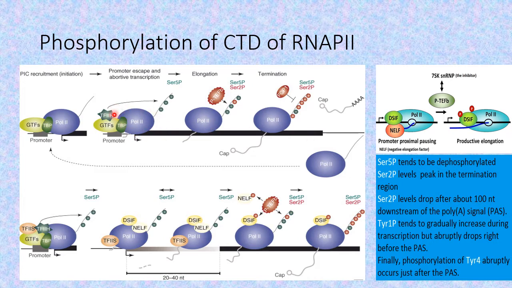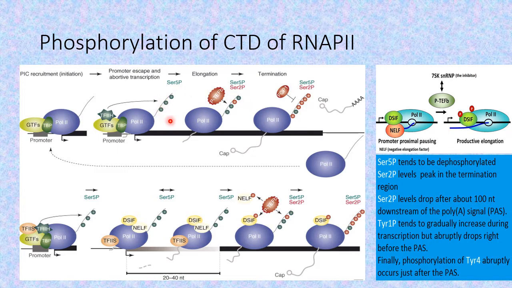Initially, at the initiation of this transcription, serine 5 is phosphorylated, and gradually as the elongation progresses, it is dephosphorylated with the help of the enzyme phosphatase. Simultaneously, serine 2 gets phosphorylated.